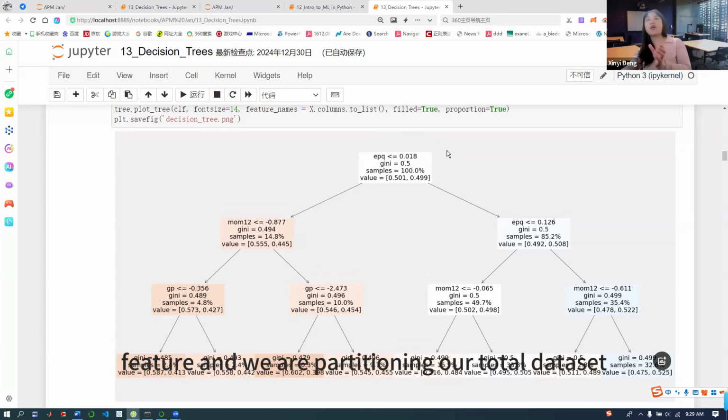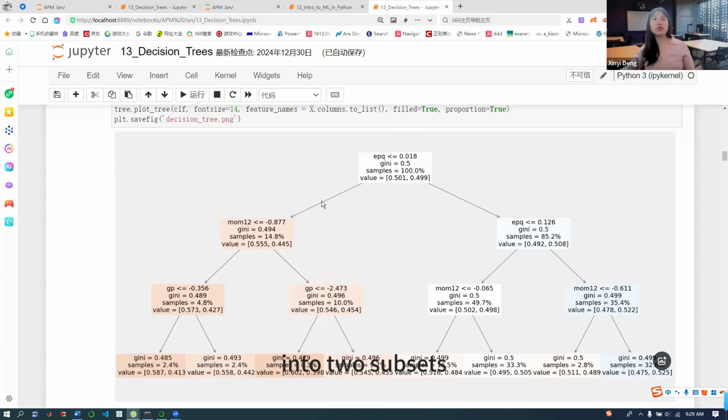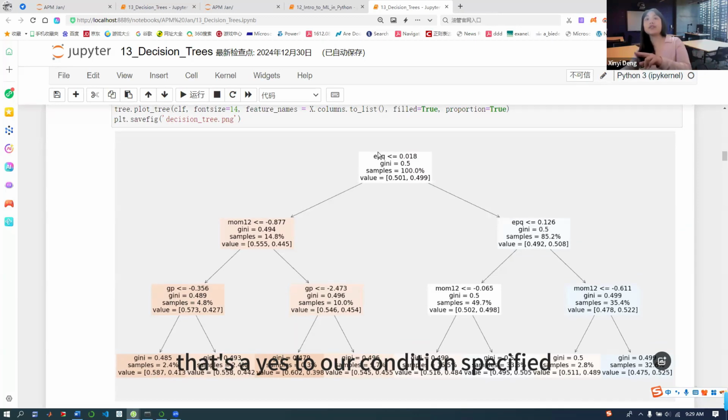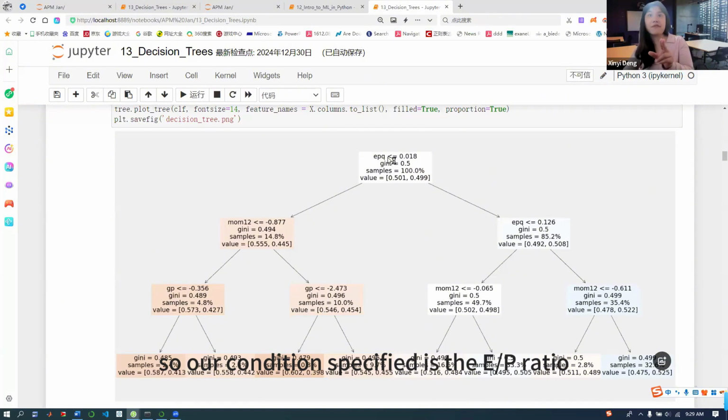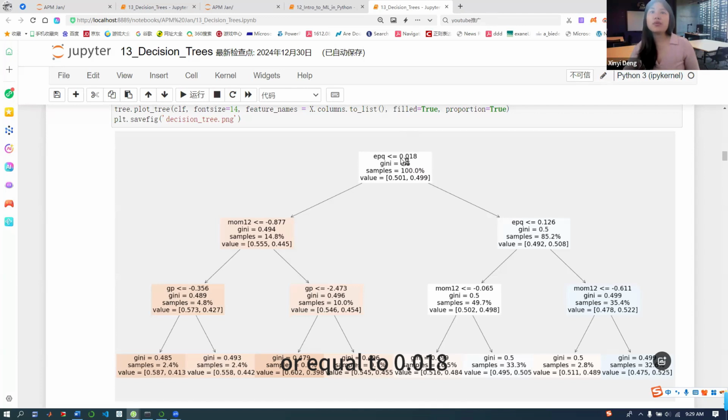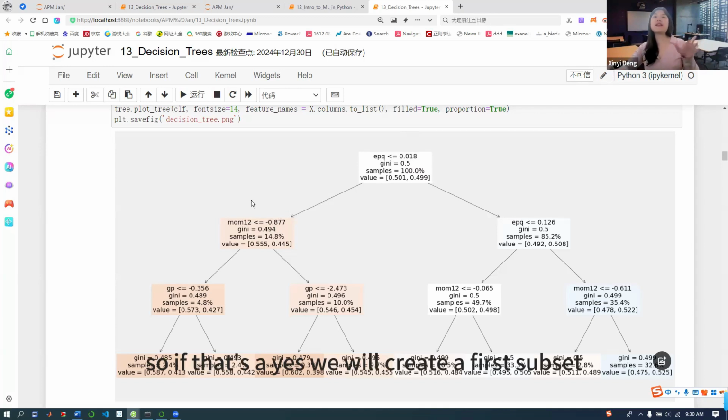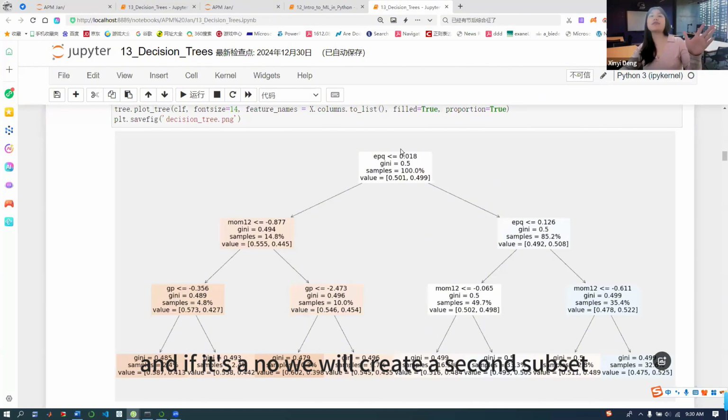And we are partitioning our total data set into two subsets. On the left-hand side, it always means a yes to the condition specified. Our condition is the EP ratio smaller than or equal to 0.018. If it's a yes, we will create a first subset, and if it's a no, we will create a second subset.